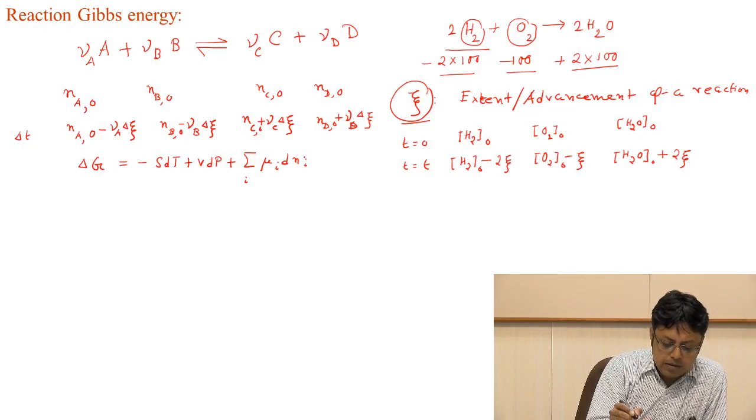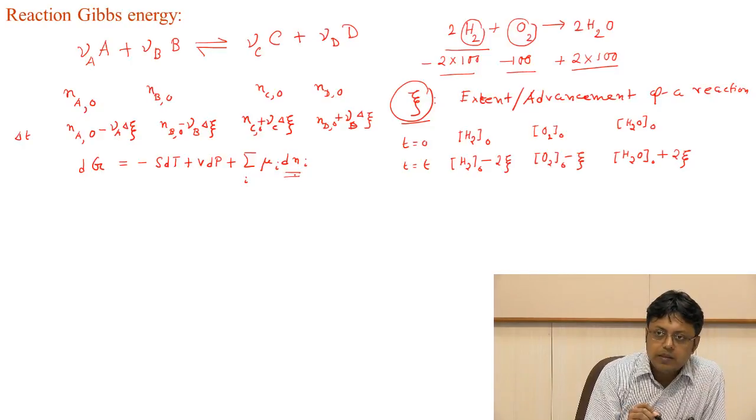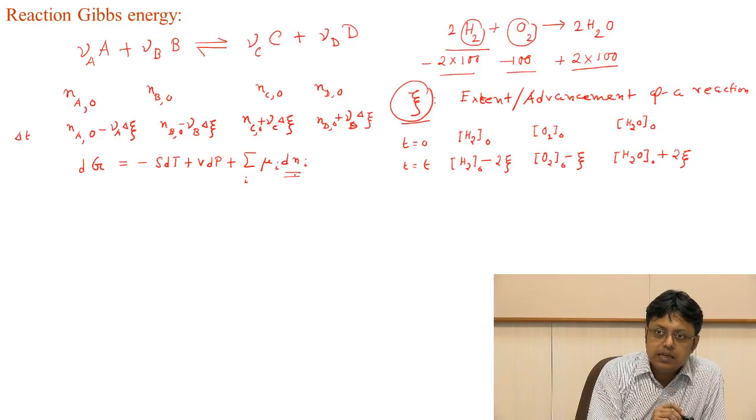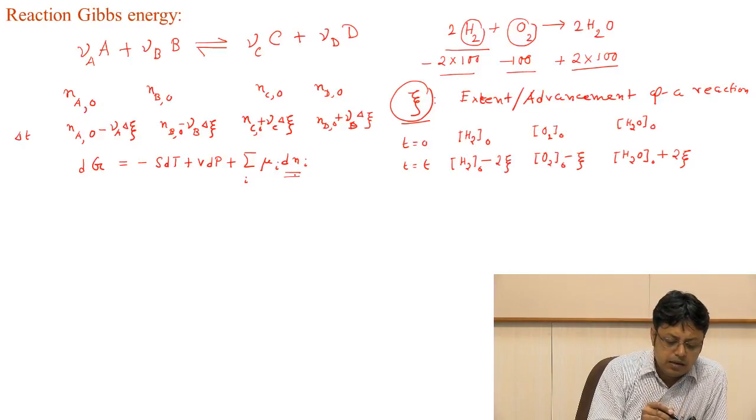Instead of delta G, you can write it as dG. Now we are asking what the amount of dni is. We can easily calculate it from this equation.